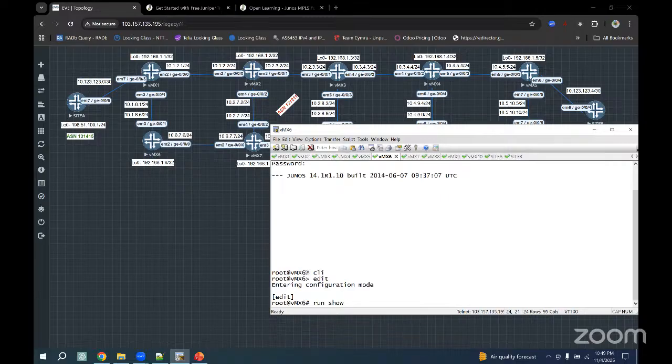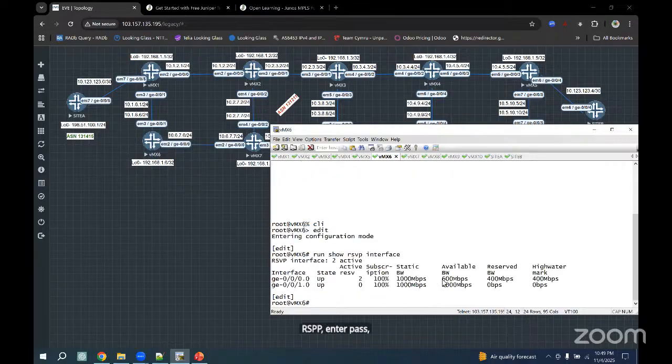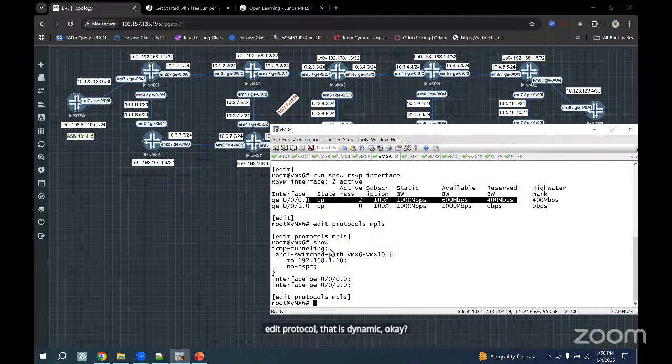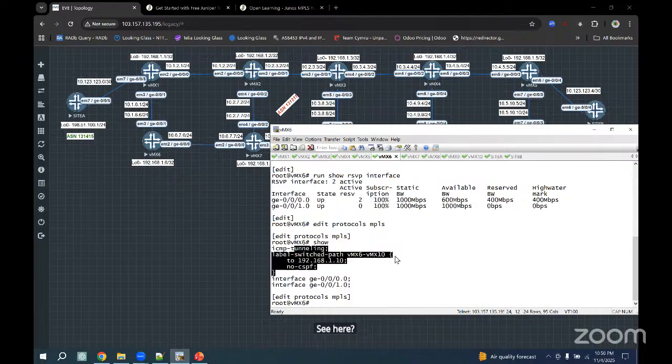Run show rsvp interface. See here, the reservation happened automatically. We did not configure any LSP or reservation in VMX6 under edit protocols; that is dynamic. See here, this is a different LSP.